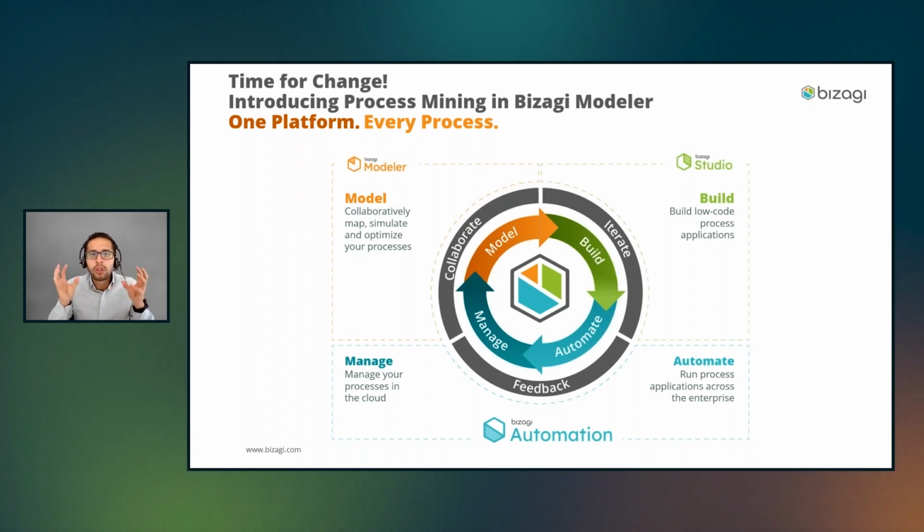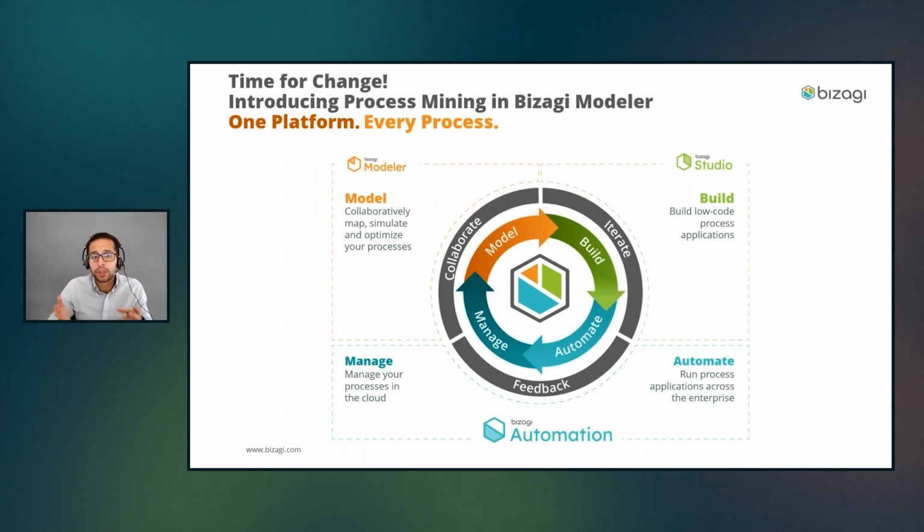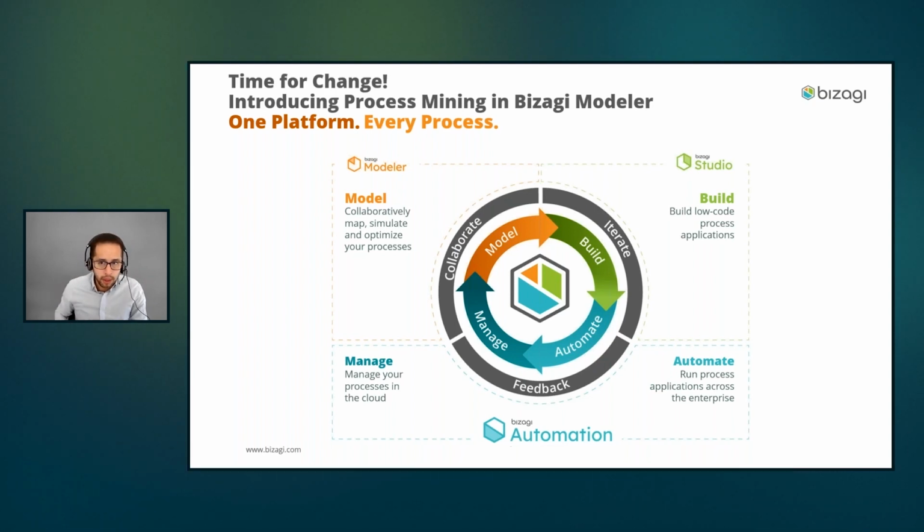So now this whole cycle, where everything starts from the modeling with Bizagi Modeler, then automate or build your processes with Bizagi Studio, then go to the Bizagi automation and finally manage, has another level, another option and another feature: how with process mining, we can understand our processes much better and in more detail to create this first step, which will be the modeling part, right?